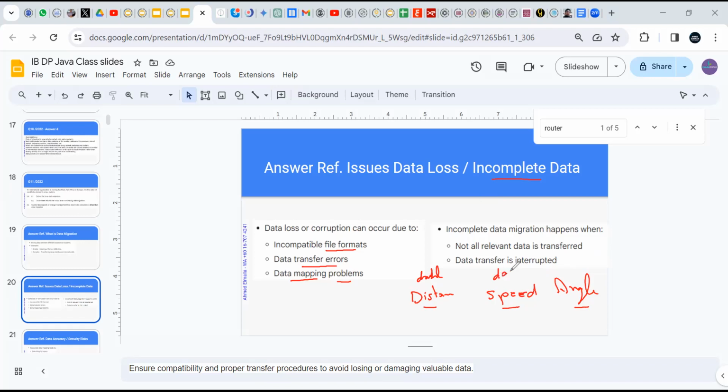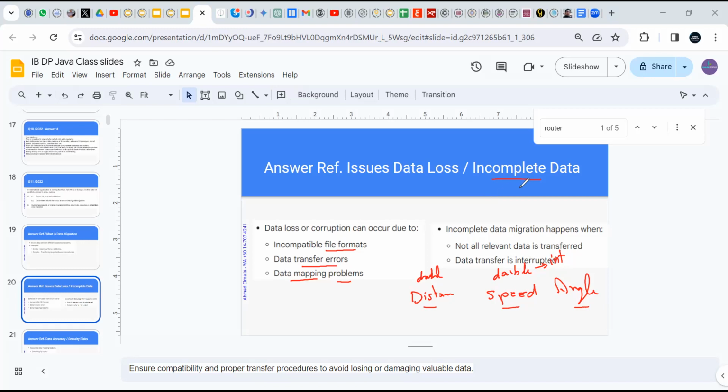If we have a speed as a double in the old table, and in the new table it is integer, then definitely there could be a potential mapping problem. So that's why you need to confirm that all the data formats are proper, especially if you're moving from one database table to another. So that's one possibility. And then incomplete data migration, this is clear.